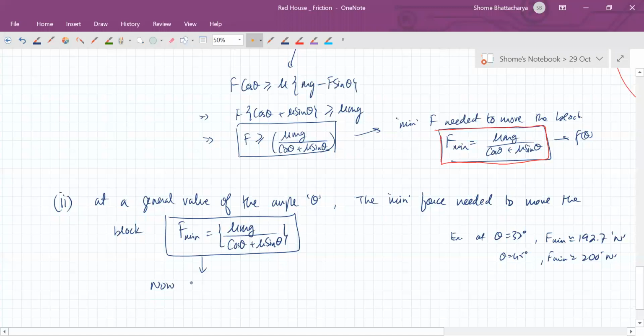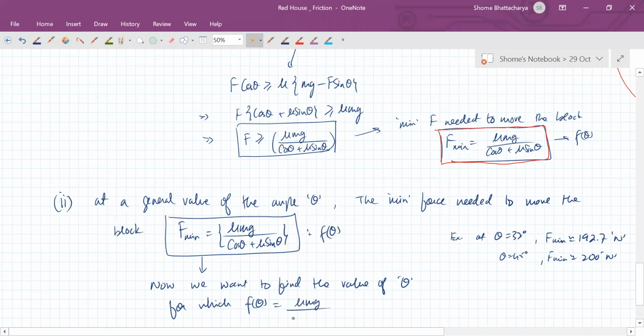Now we want to find the value of theta for which this function f theta equal to mu mg upon cos theta plus mu sin theta, this whole function has a minimum.